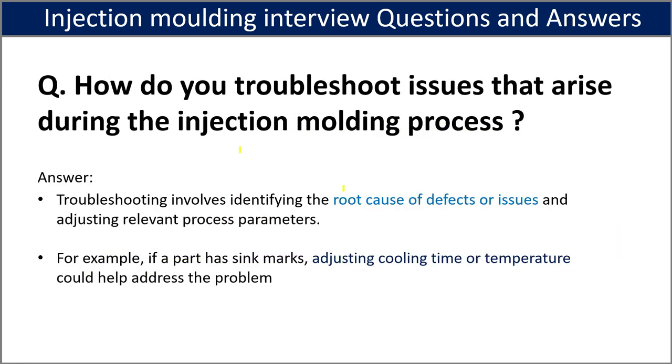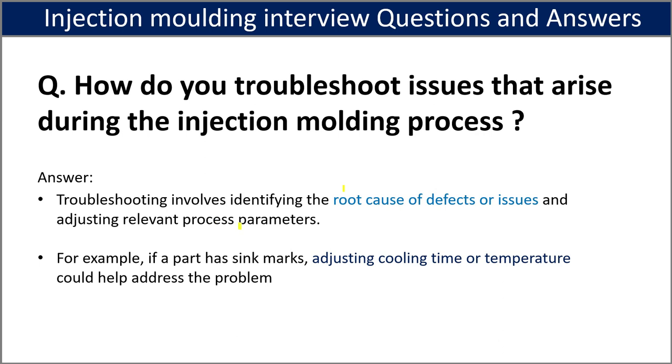The next question is, how do you troubleshoot issues that arise during the injection molding process? Suppose there is an issue or defect in injection molding, how can we troubleshoot? We can troubleshoot with the help of root cause analysis.